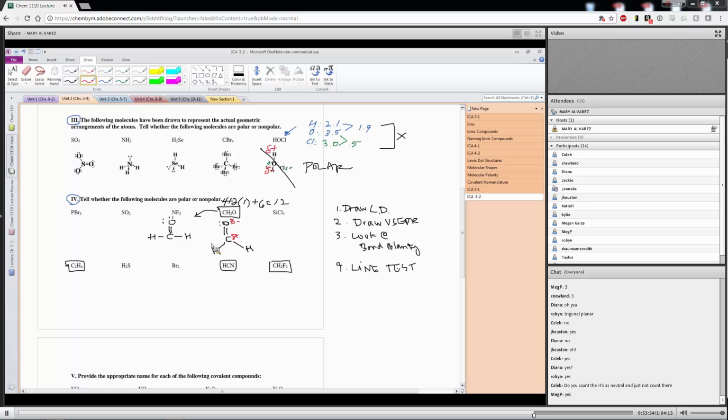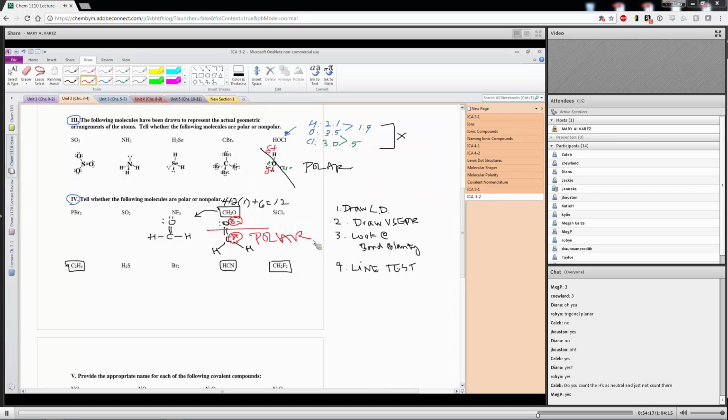You guys are right. The hydrogens don't have a partial anything, so they're just not considered for the purposes of this argument. We're only interested in where we do have partial positives and partial negatives. That's where we draw the line. And we can say, yep, that's a polar molecule. Done.